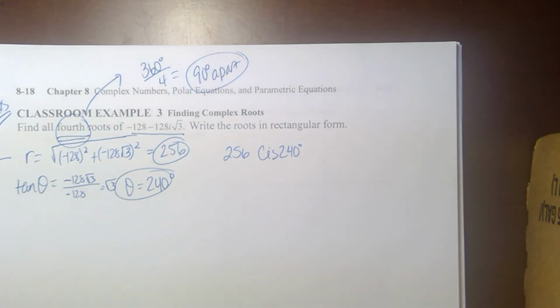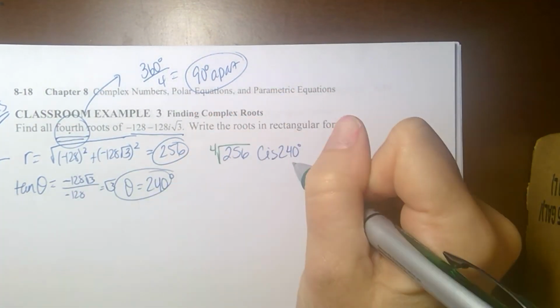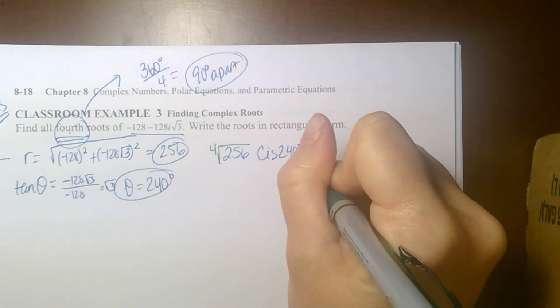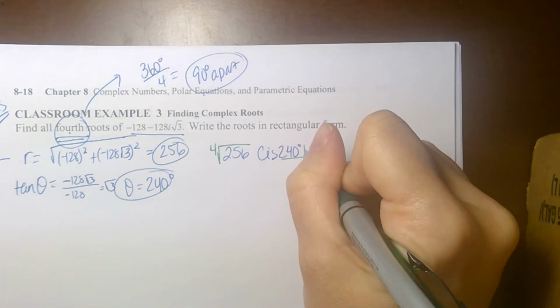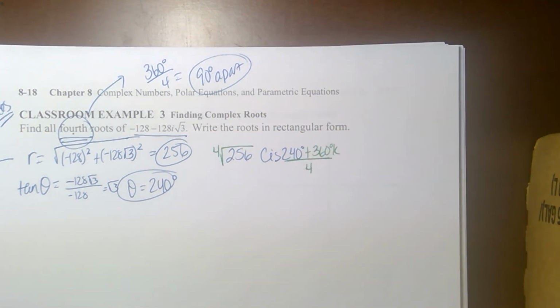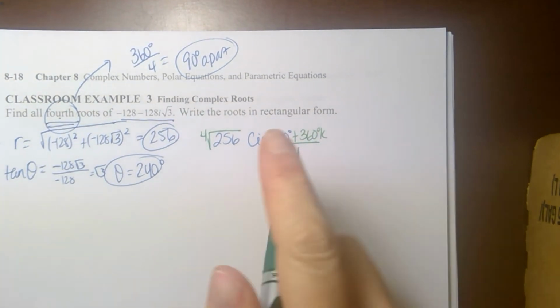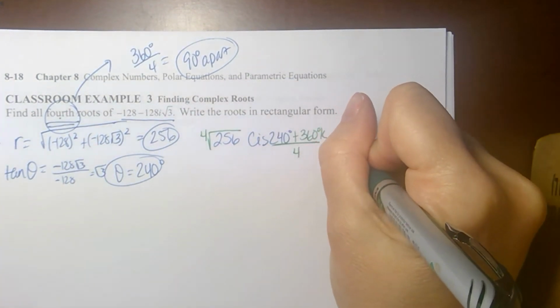Now I need to apply the nth root theorem. If I'm finding the fourth root, I take the fourth root of r and I divide every rotation of that, so that would be 360k, all of that divided by 4. So what am I working with? The fourth root of 256 is 4.